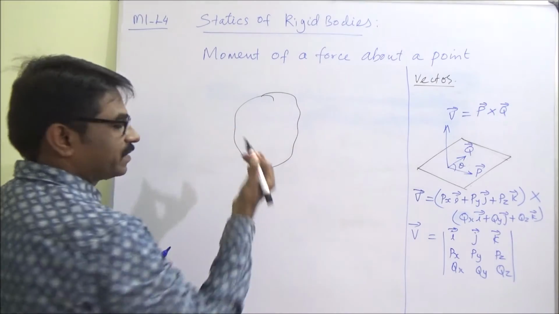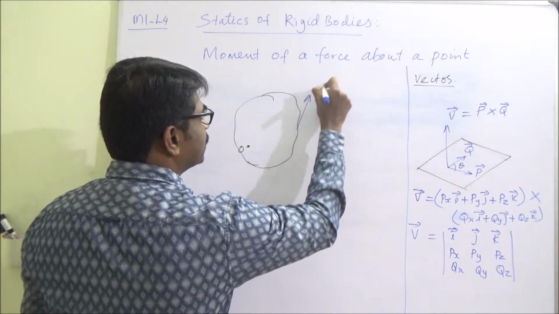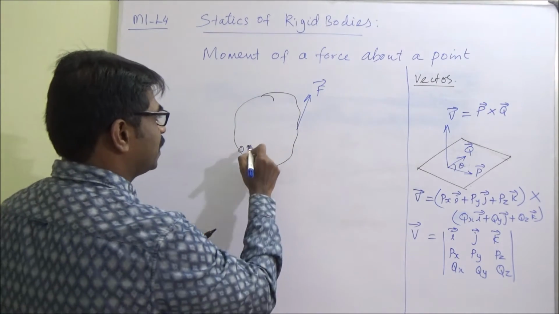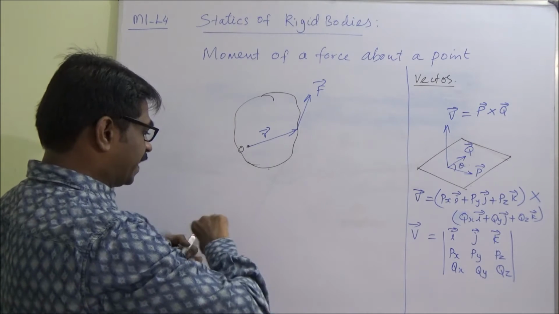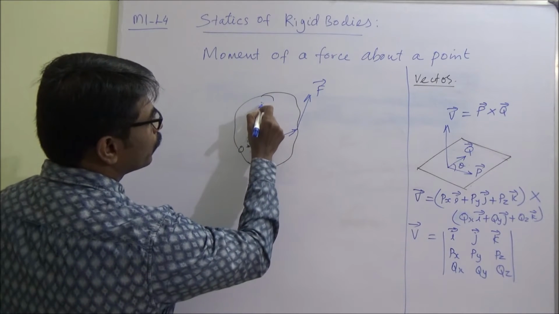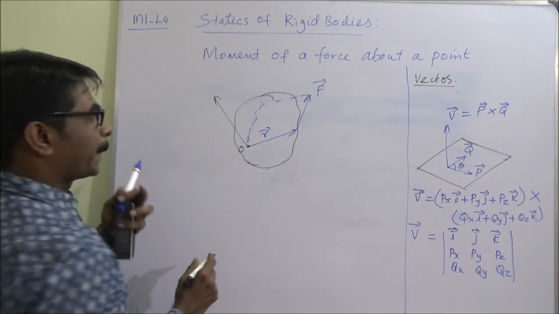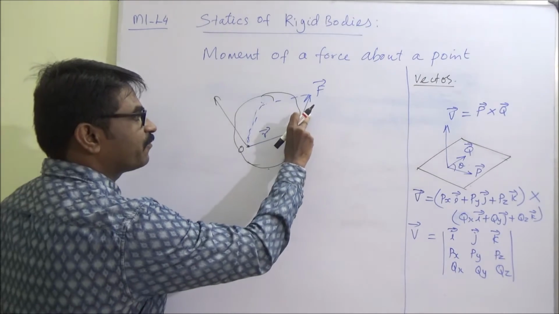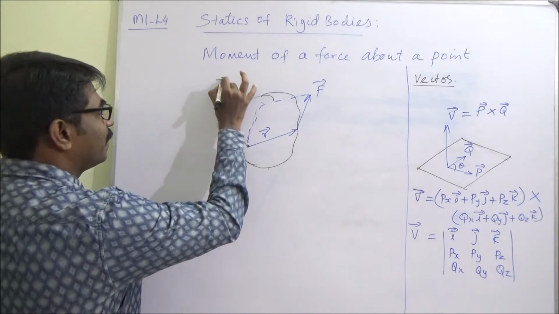So this is the point. You take this point O, and some force vector, and the plane, and this is the position vector R. Let us take this as the plane on which the R vector and F vector are lying, and then this is the moment vector.